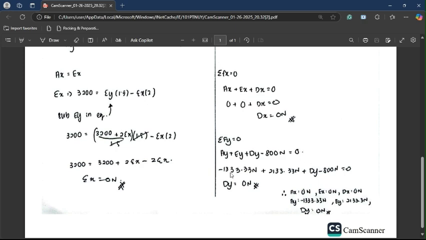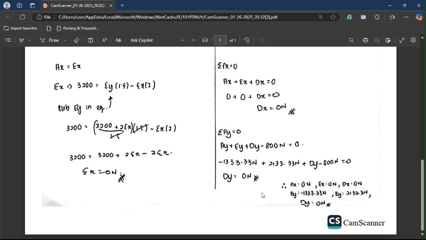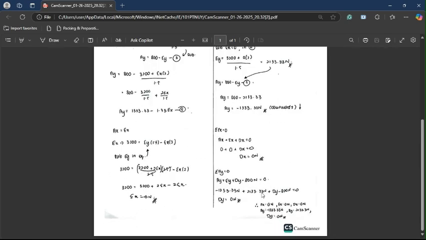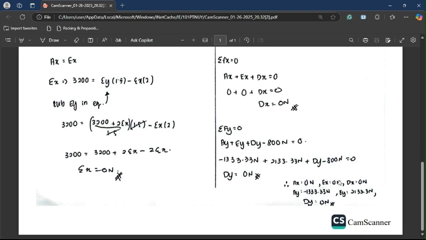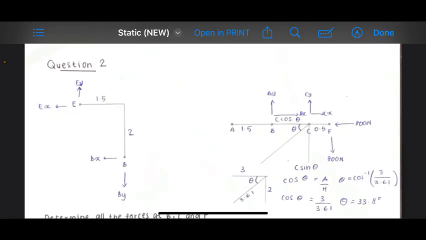As you can see here, I have subbed in all the values of Ay and Ey. If you simplify this, you will get the value of Dy equals 0 Newton. So these are the answers.